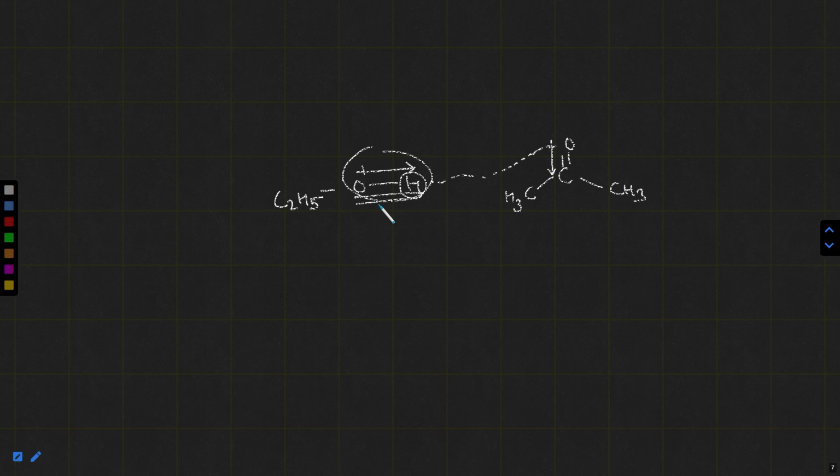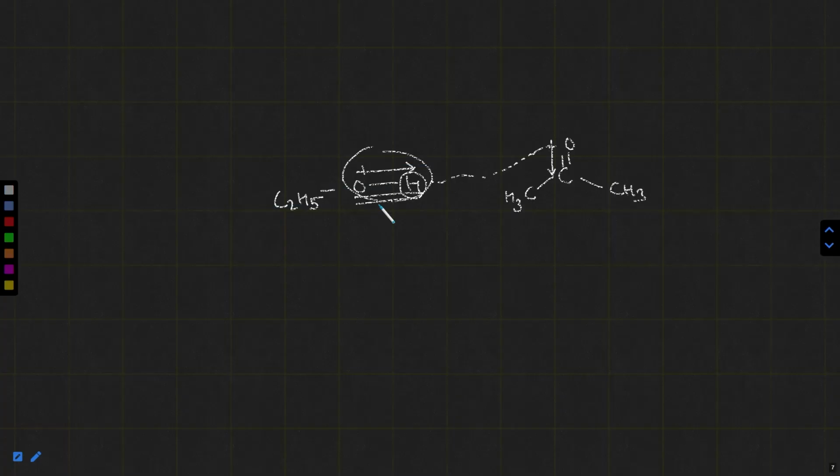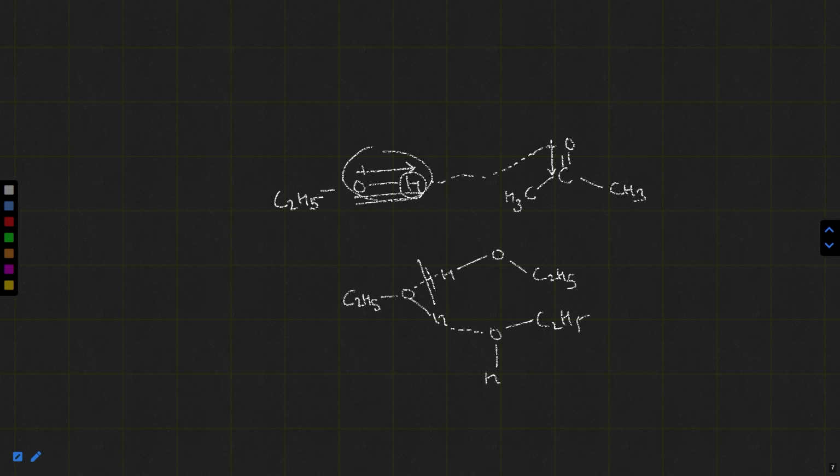Suppose initially we were having it like this: C2H5OH, we have this kind of interaction, C2H5, and so on, right? But when we introduce this acetone, it may disrupt or come in between. Suppose the acetone comes here, right?